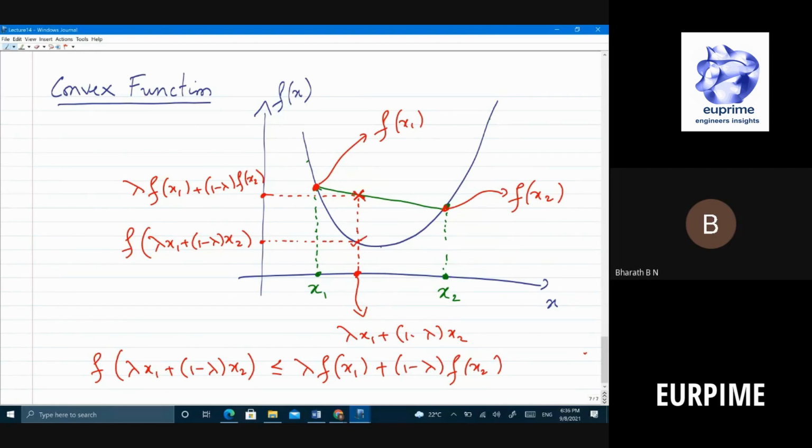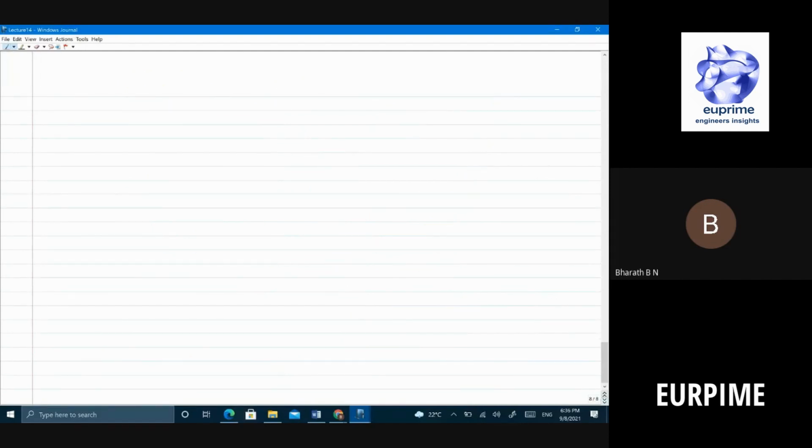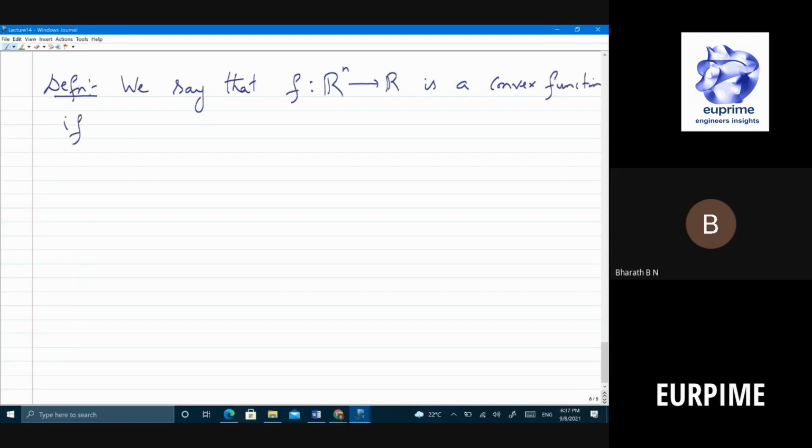Shall we write the definition now? So intuition is clear, right? So we can write the definition. We'll write a general definition, okay? So we say that f, which is a mapping from Rn to R, is a convex function if you take any 2 points in the domain.